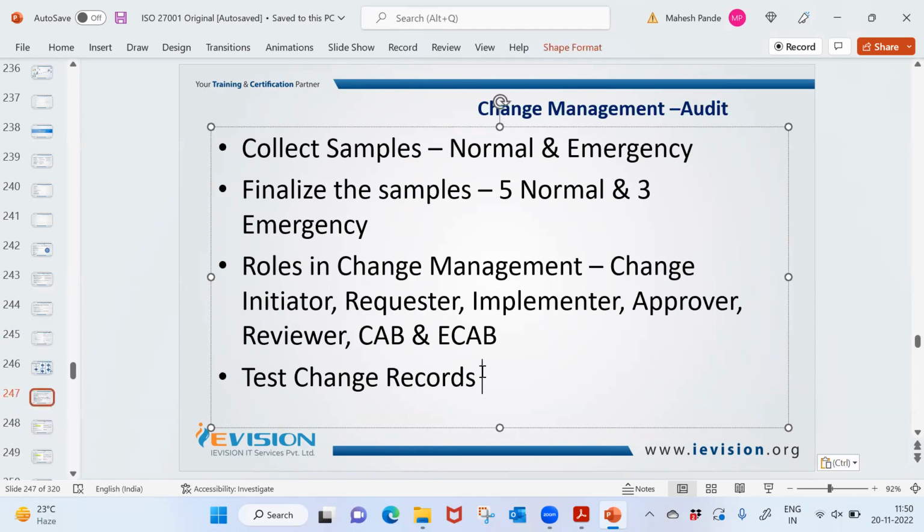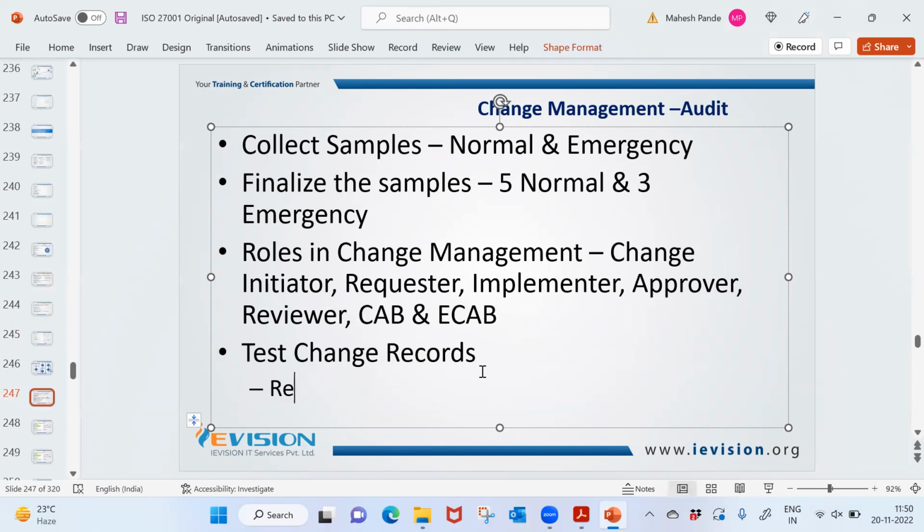Test change records. How am I going to test? Then I will prepare my test cases. I'll prepare the review time, agreed versus achieved, for 5 and 3 changes only.